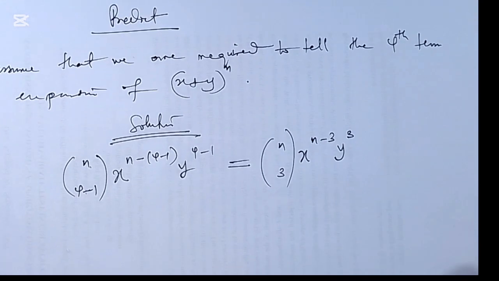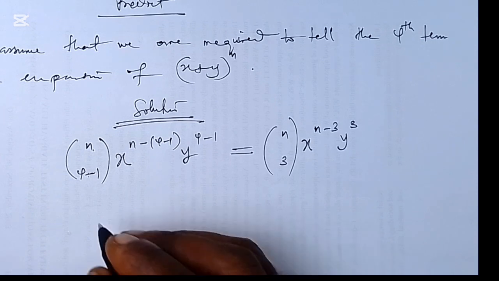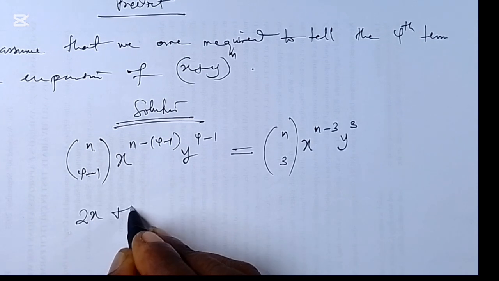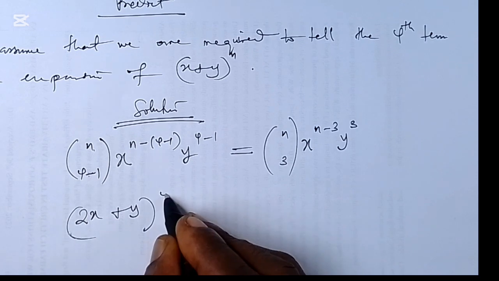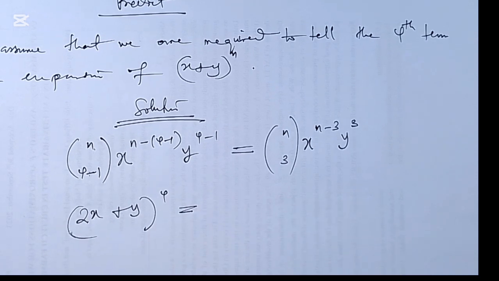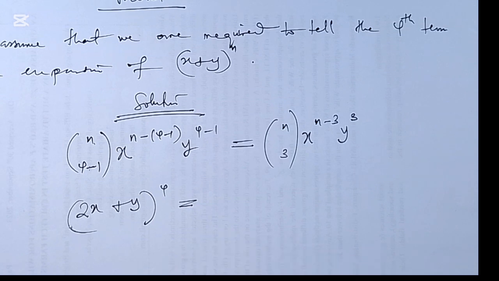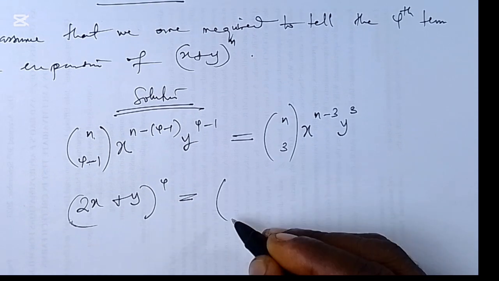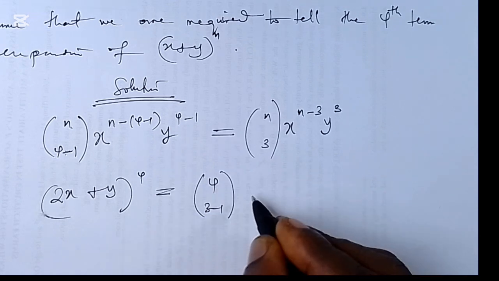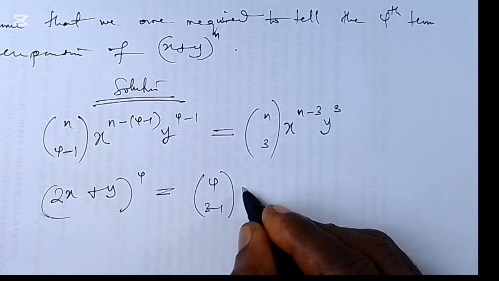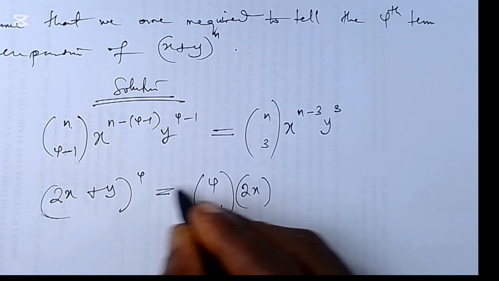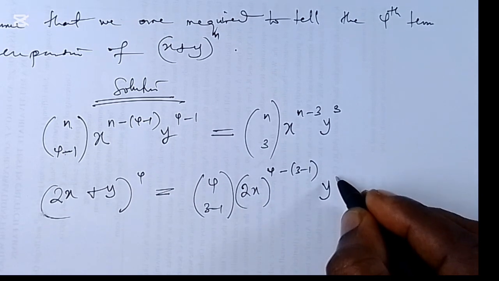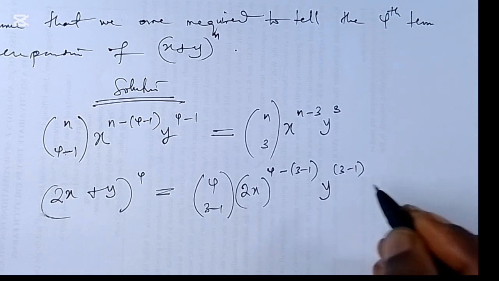Now let us use this like a formula for predicting what the third term will be. So in the expansion of 2x plus y raised to the power of 4, if the question was asked, what will be the third term of this expansion? All you would have to do for the third term, this will be 4 combination 3 minus 1, and I will now bring 2x raised to the power, the total power again, 4 minus (3 minus 1), and I'll put here y raised to the power of 3 minus 1.